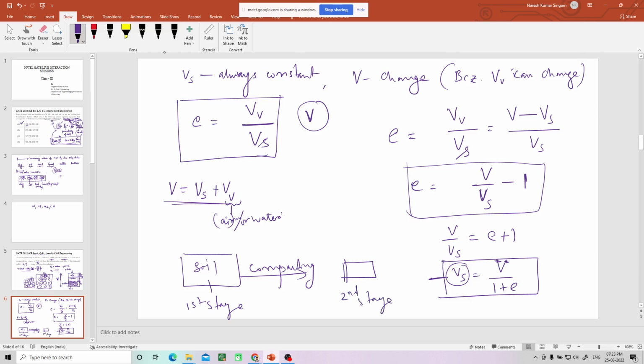Same soil, I am not changing the soil, I am just compacting. So their volume of solids will not change. That is the reason why I want to bring this to the left side. Total volume can change because E can change. If E changes, V will change, but this ratio will be the same, so that Vs will be the same. That is my aim.